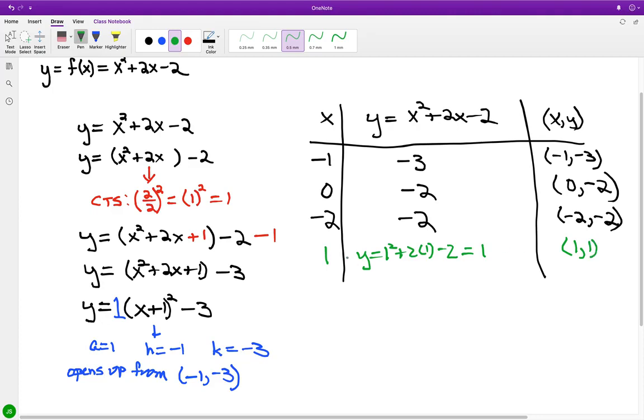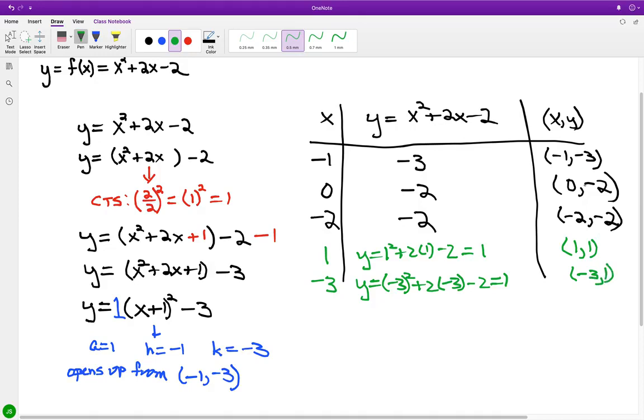So we have 1, 1. And 2 spaces to the left, we have negative 3, and you'll have the same y value. Here we have the square of negative 3, which is 9, and 2 times negative 3 is minus 6. So 9 minus 6 is 3. Take away 2, so we have 1. So we have negative 3, positive 1.